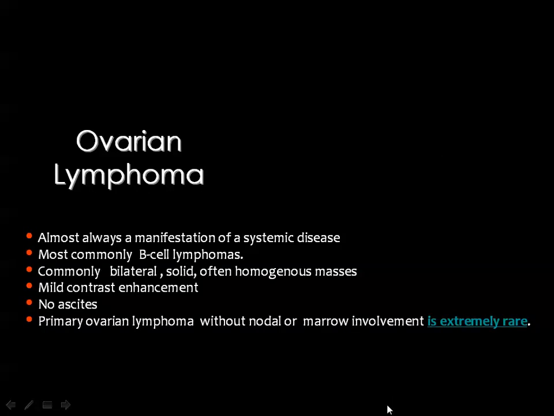Ovarian lymphoma is usually of the secondary type, and primary ovarian lymphoma is extremely rare. To diagnose ovarian lymphoma, you should see one of two things. Either the patient is known to have lymphoma anywhere in the body, or you can see in the abdomen the typical appearance of lymph nodes of lymphoma, which are bulky, homogeneously enhancing, and do not contain calcium nor areas of breakdown.